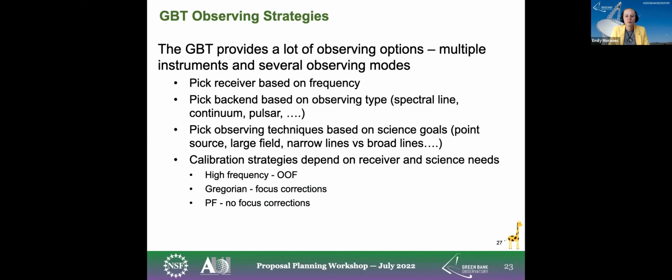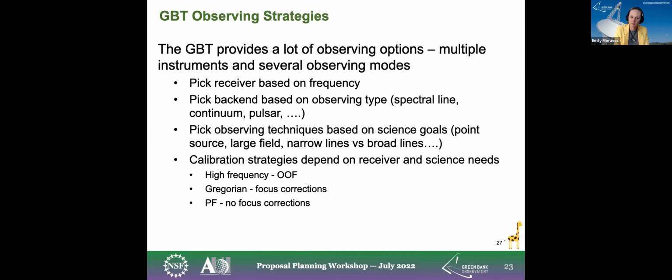So now I'd like to go over a few observing strategies that you should consider when you're writing your GBT proposal. It provides a lot of observing options, multiple instruments, and different modes. So first, you'll pick a receiver based on the frequency that you want to observe. And then you'll pick your backend based on the observing type, whether you want spectral line, continuum, pulsar, etc. And then you'll pick your observing techniques based on your science goals.